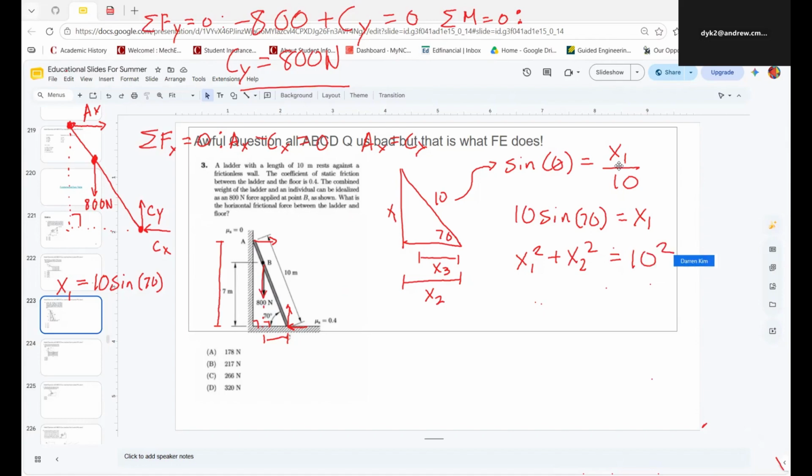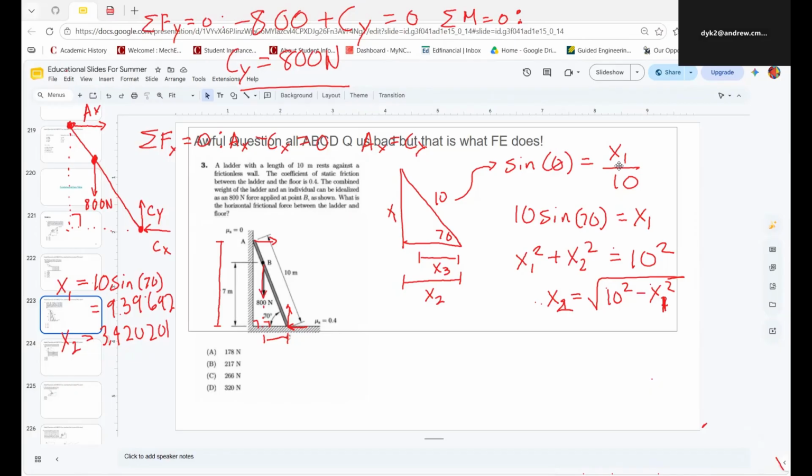If we want to figure out x2, x2 equals the square root of 10 squared minus x1 squared. Now I can get my calculator out. 10 sine of 70 is 9.39692. Then I take 10 squared minus this squared and the square root of that. So I get x2 equals 3.420214.